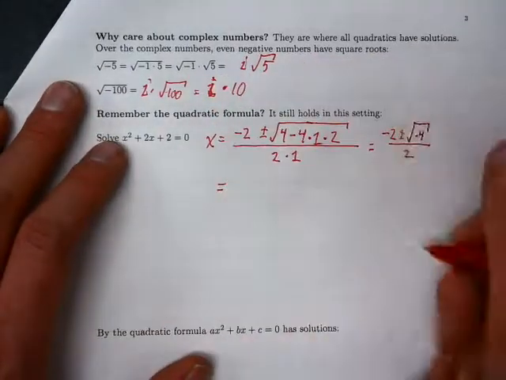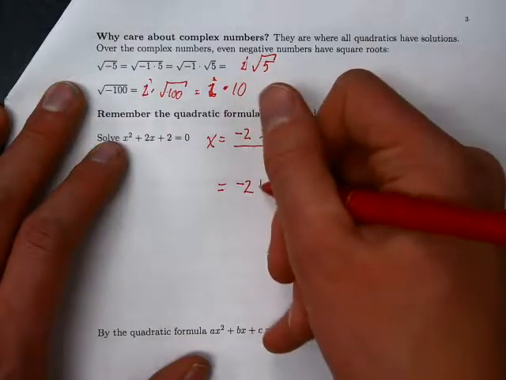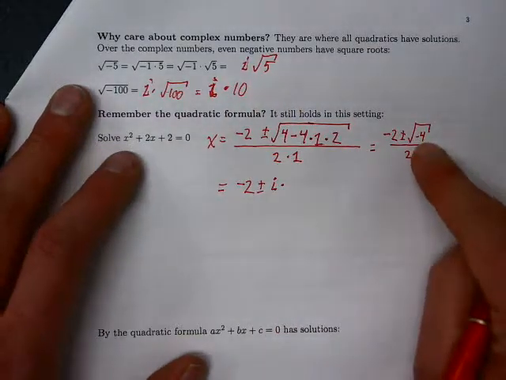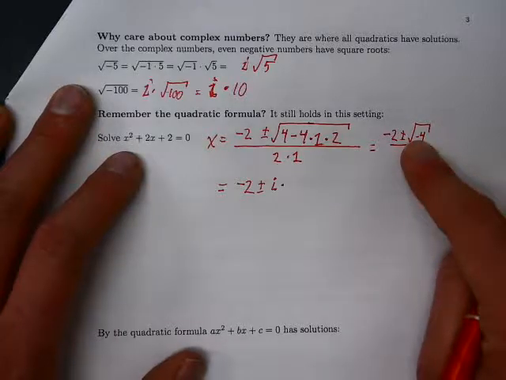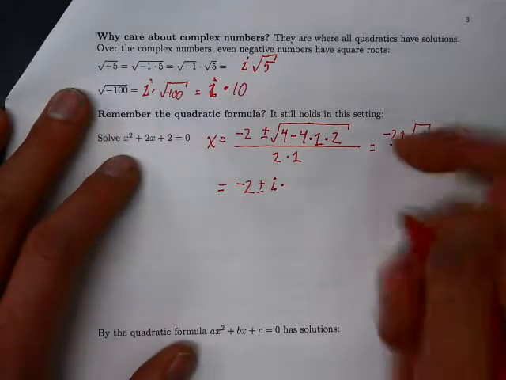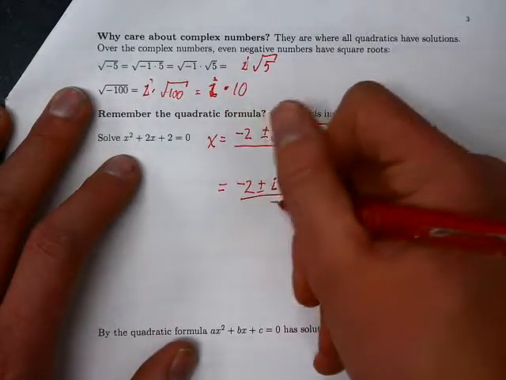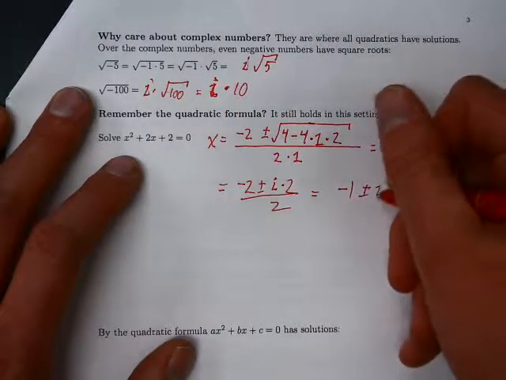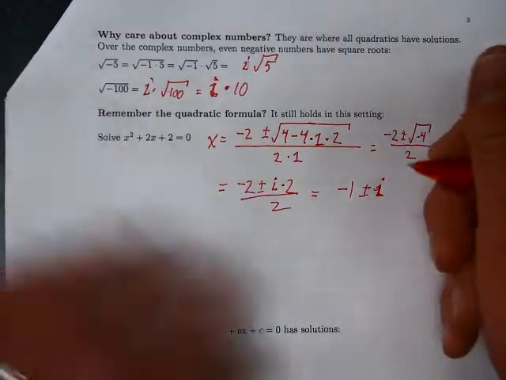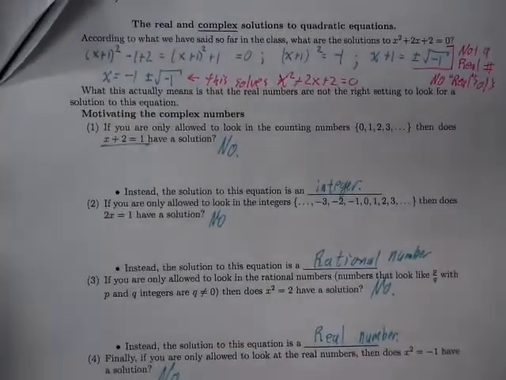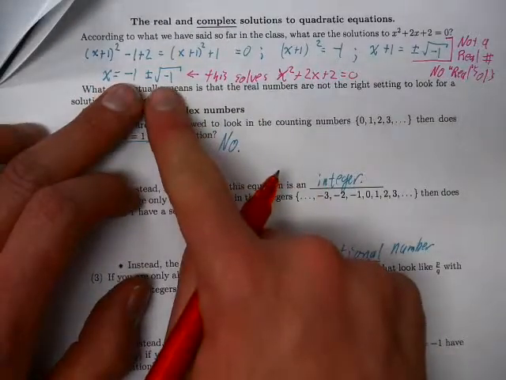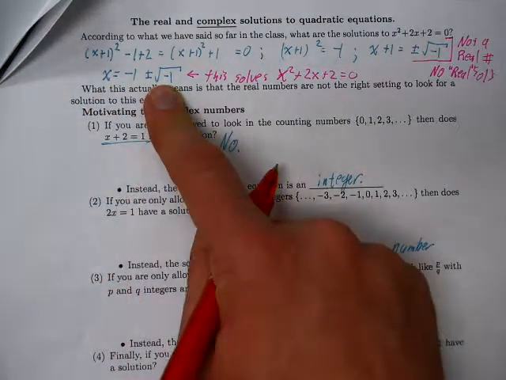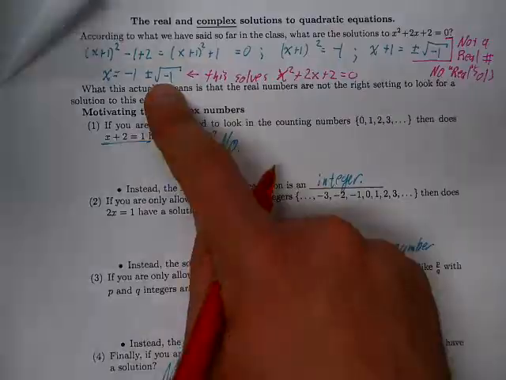Simplifying a little bit more, I see negative 2 plus or minus i times, the i accounts for the negative sign under there, then the square root of 4, which is 2, over 2. But the 2's will cancel, right? That's the same as negative 1 plus or minus i. Which, I don't know, it's compelling that, hey, look, we got the same answer as when we used completing the square, which is a less high-tech strategy.